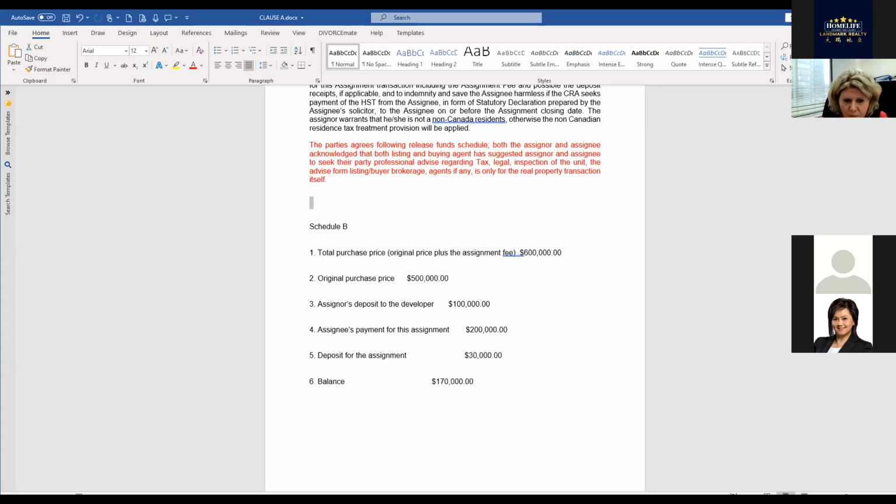So the proper procedure is, let's say I'm representing the assignee, I will negotiate the offer and everything with the assignor's agent. After they have accepted it, we put all these conditions, subject to lawyer's review and approval, before we send it to you.